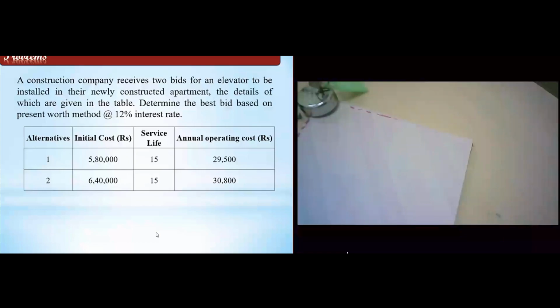So in the table they have given the alternatives 1 and 2, the initial cost of the alternative, the service life, as well as the annual operating cost.